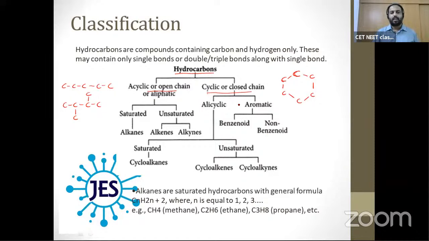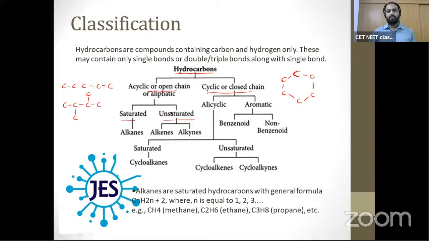Okay, right. So under open chain compounds, you again have saturated and unsaturated. Those who are in the Zoom session now, the live online session, you can send in your chat response. When do you say a compound is unsaturated?